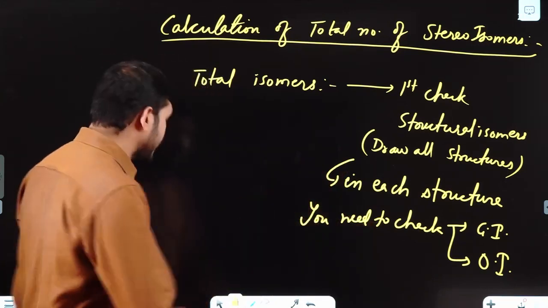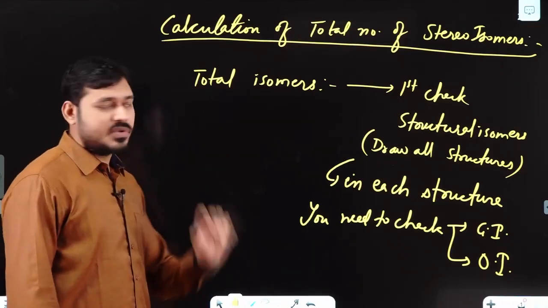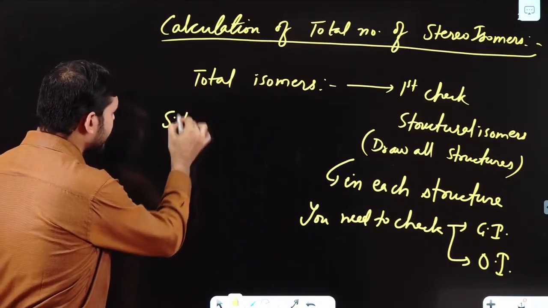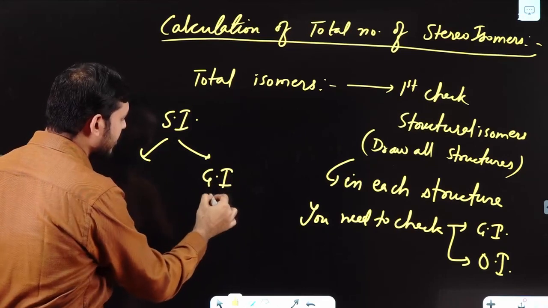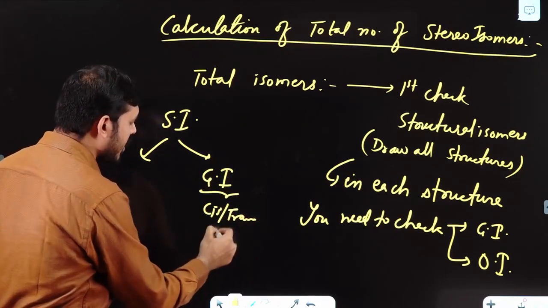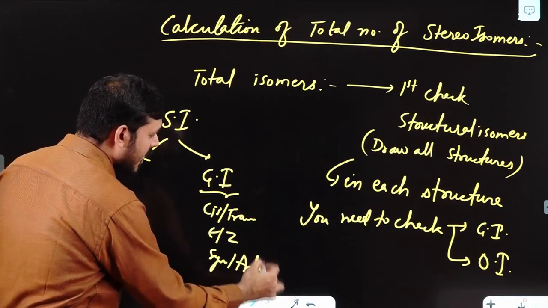Now while calculating stereoisomers, what do we actually need to check? We need to check geometrical isomers, meaning cis-trans or E-Z or syn-anti part.